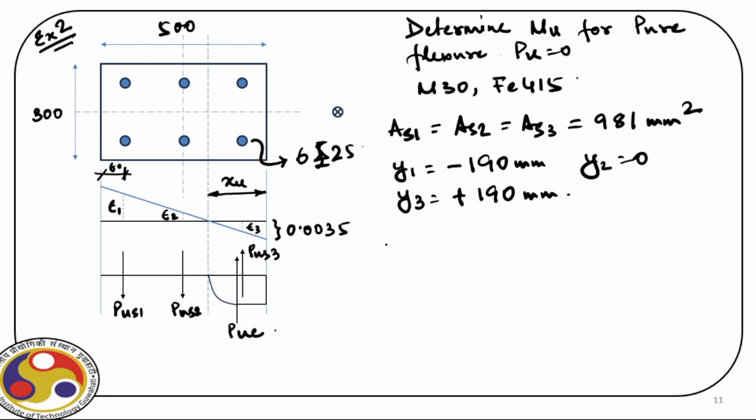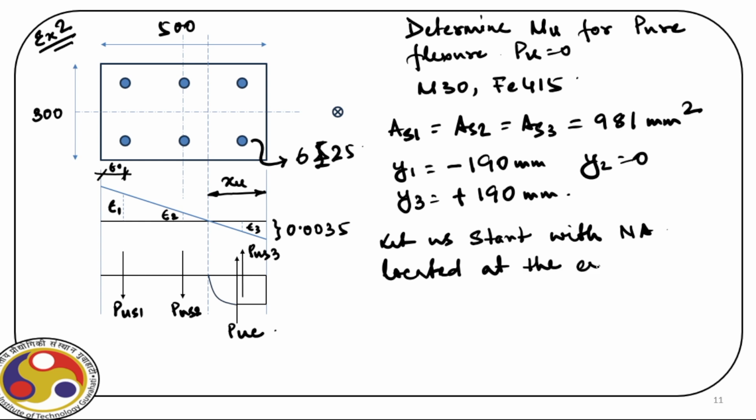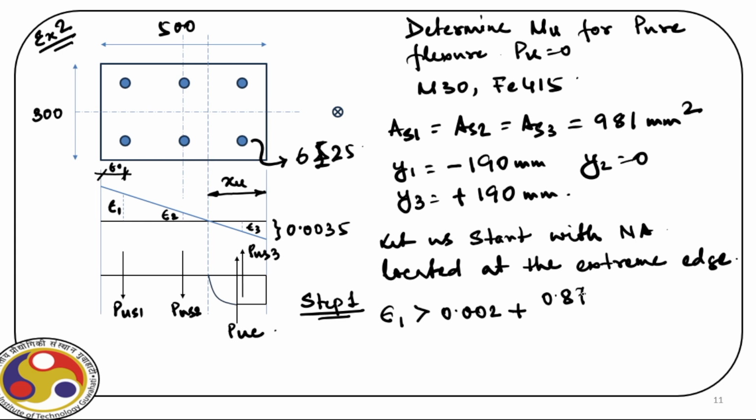So let us start our iteration. So let us start with neutral axis located at the extreme edge. So for this condition, step 1, we have epsilon 1 is greater than 0.002 plus 0.87 fy divided by Es.